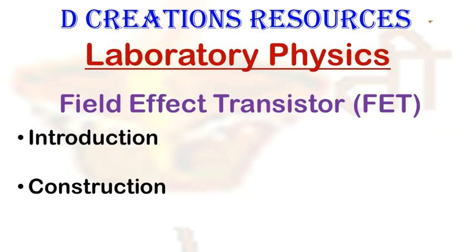The electrical connections or ohmic contacts are made to both ends of the N-type semiconductor and are taken out in the form of two terminals called drain and source. Now, drain is a terminal through which electrons leave the semiconductor bar, and source is a terminal through which the electrons enter the semiconductor.